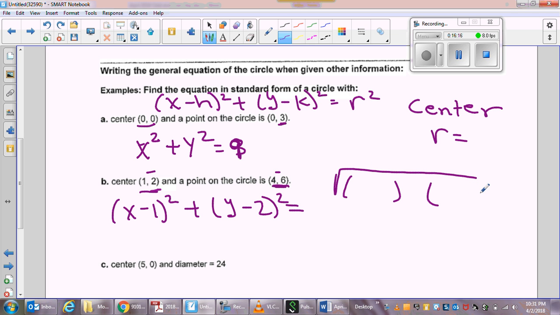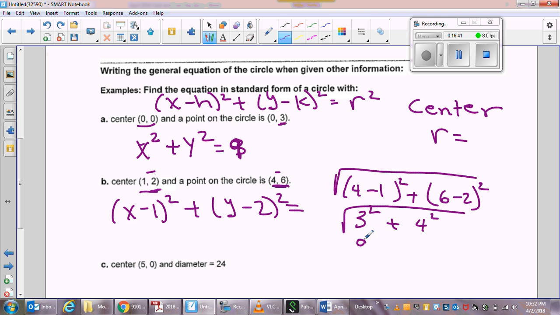Remember, we have a squared plus b squared, (x1 minus x2) squared. So I'm going to do 4 minus 1 squared, and then y2 minus y1 squared. So 4 minus 1 is going to be 3 squared, plus 6 minus 2 would be 4 squared, still in the square root.